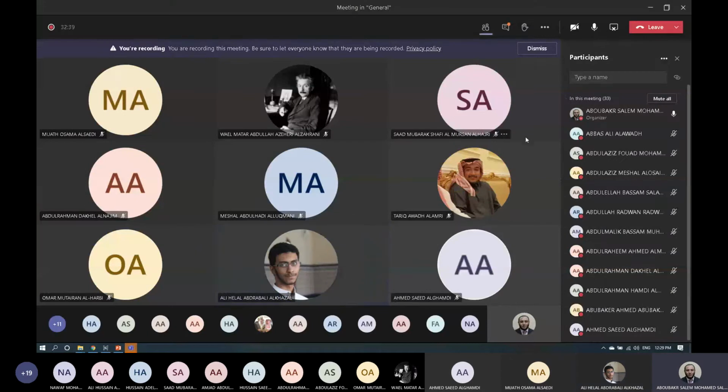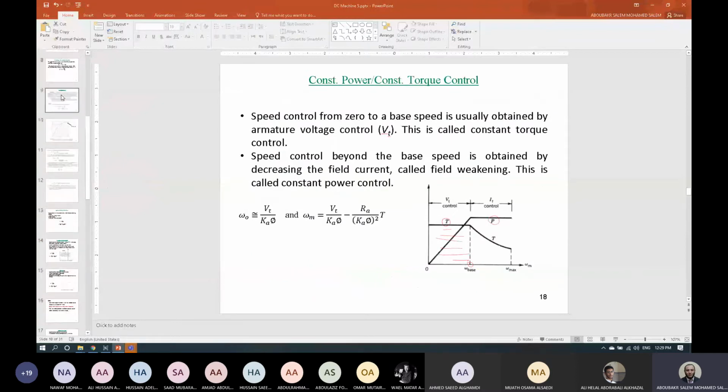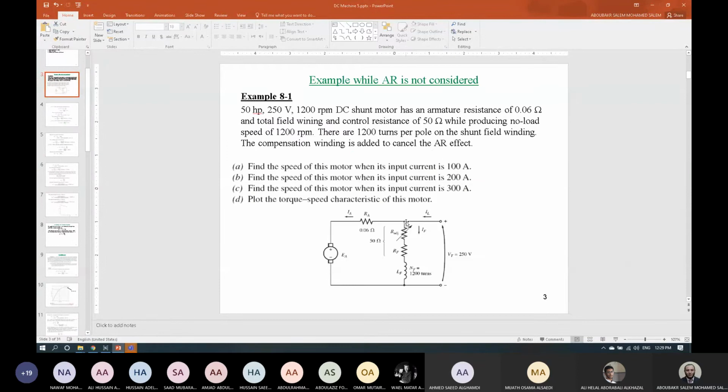Compared to the separately excited machine in previous examples, the field current here will be very small compared to the armature current, because we stated that the aim of the field is just to build up the flux. It's not the source of power.